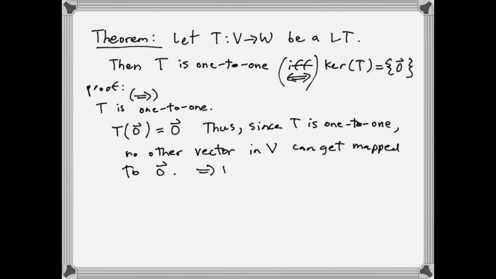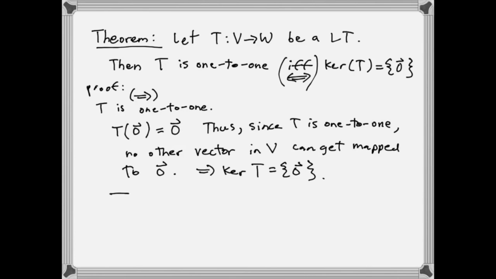So what this means is that the kernel of T is equal to 0. Remember, the definition of kernel is all the guys that get mapped to 0, and so the only guy that can get mapped to 0 is 0 when it's one-to-one.